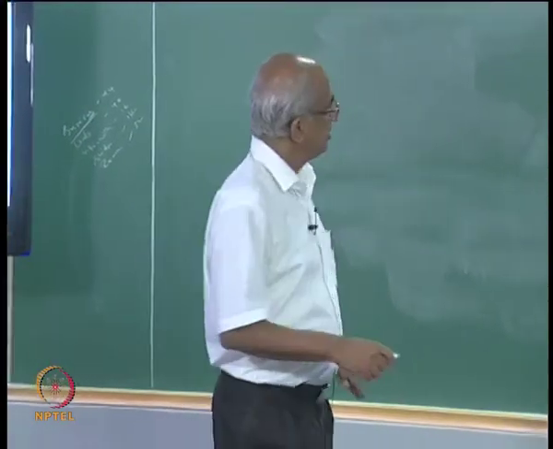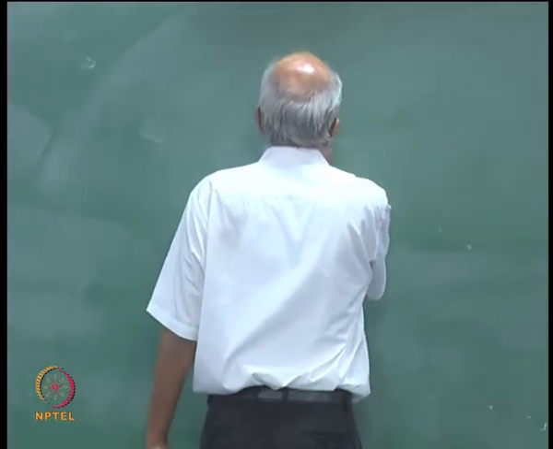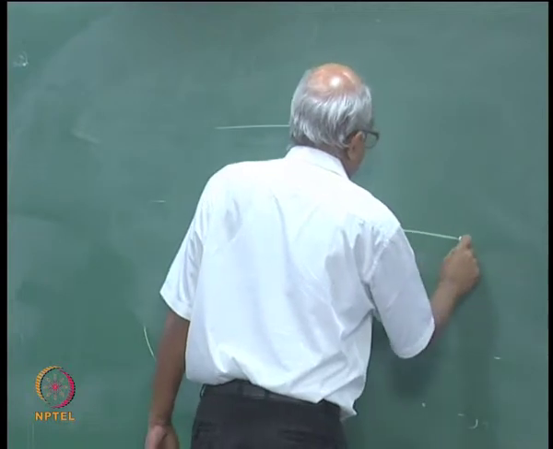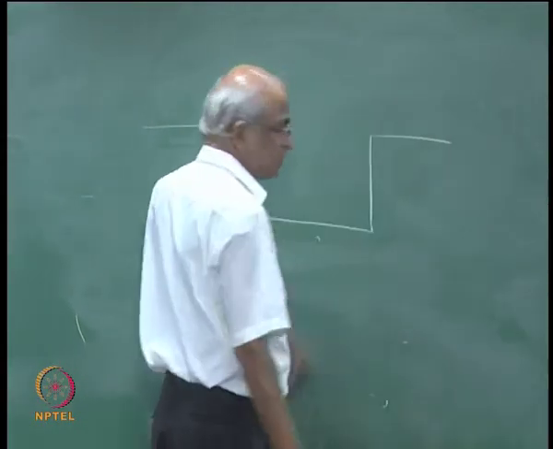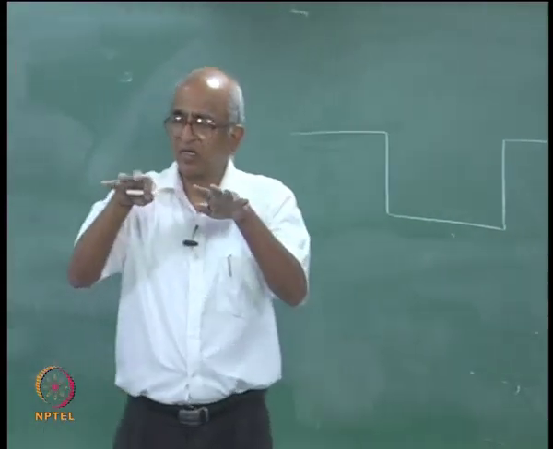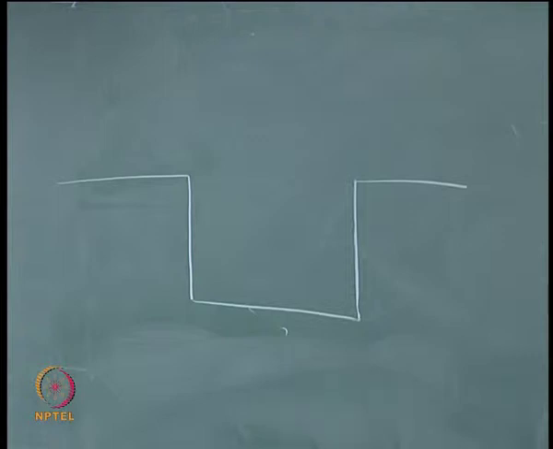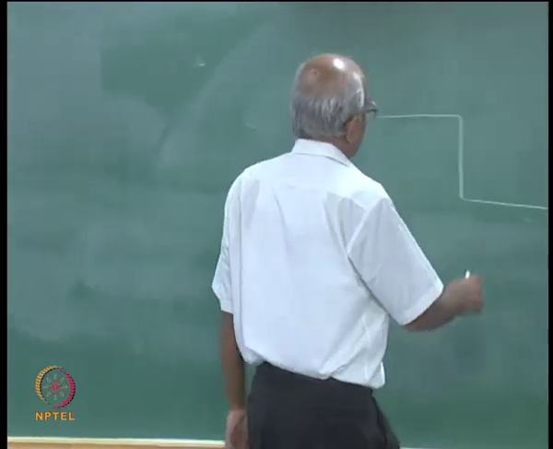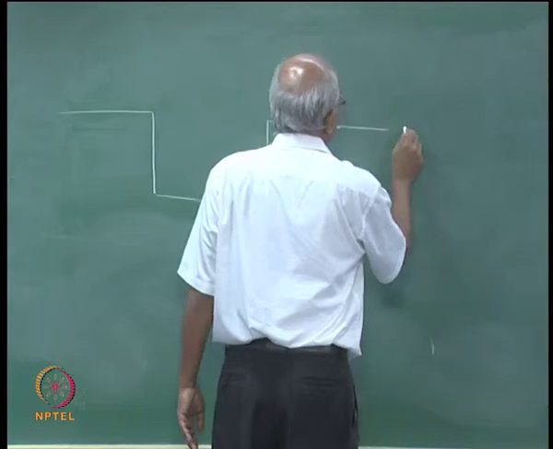Okay. So, to make things clear, let me imagine that I have a box which extends from maybe here to there. In that region the potential energy is low, while outside the potential energy is different and large, right. In fact, I will imagine it this way. Let me say outside the potential energy is 0.